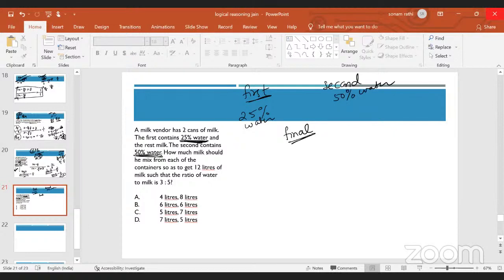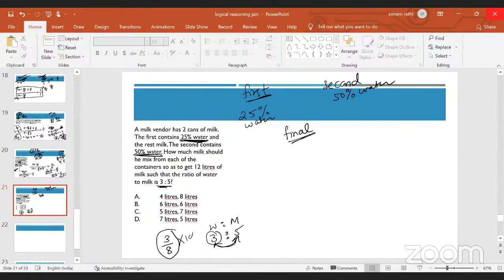In the final, how much is the water percentage? Can you tell me how much is the water percentage? Water to milk is given to me 3:5, correct? So how much is water? 3 parts out of total 8 parts, yes or no? Convert it into percentage, 300 by 8.